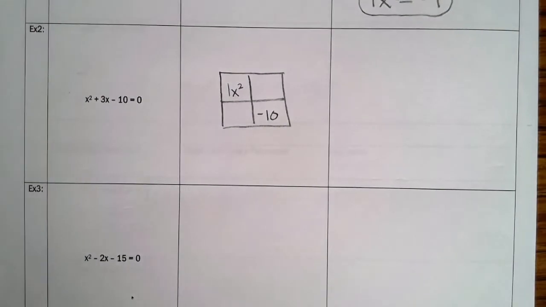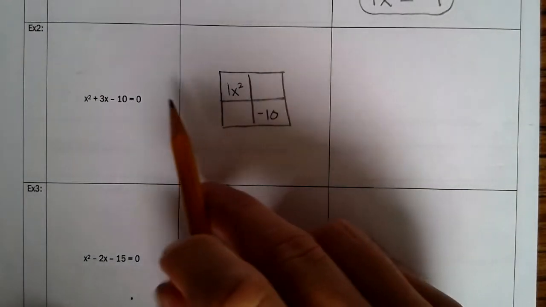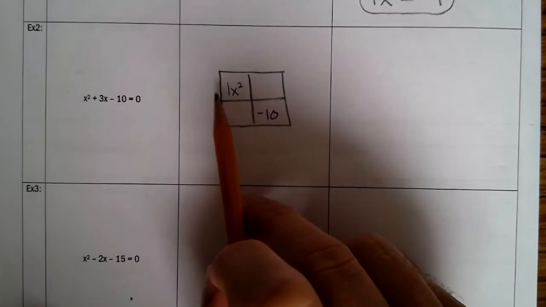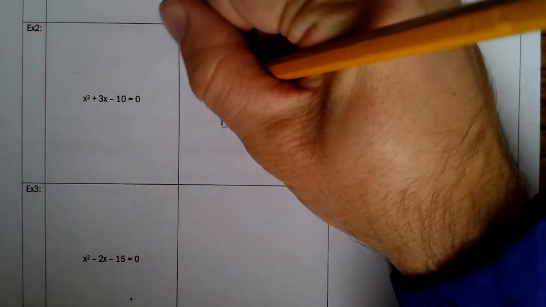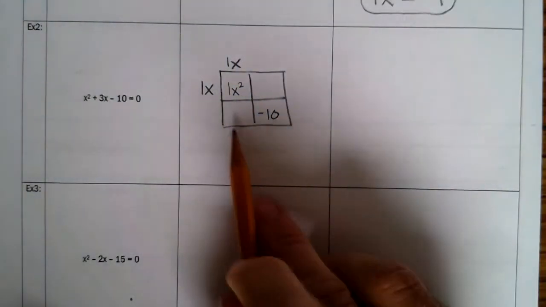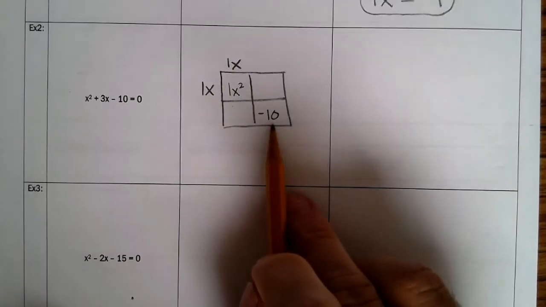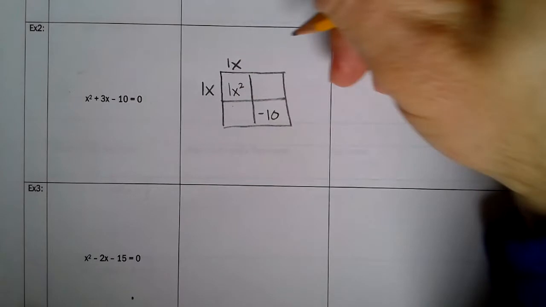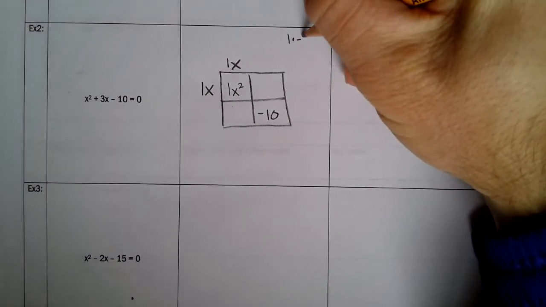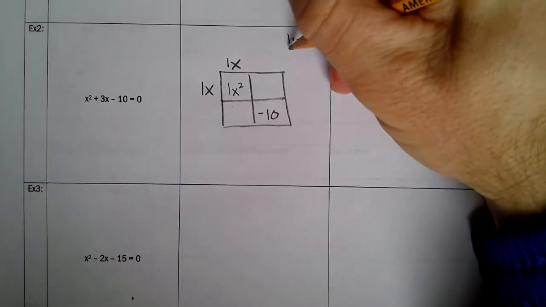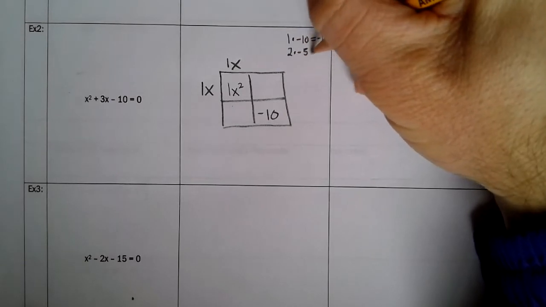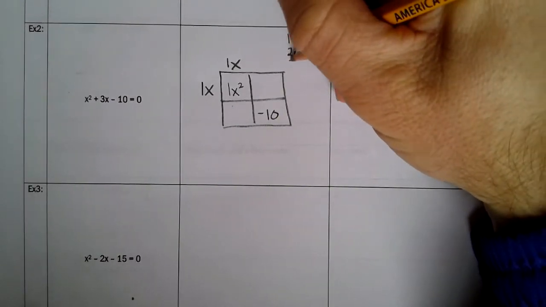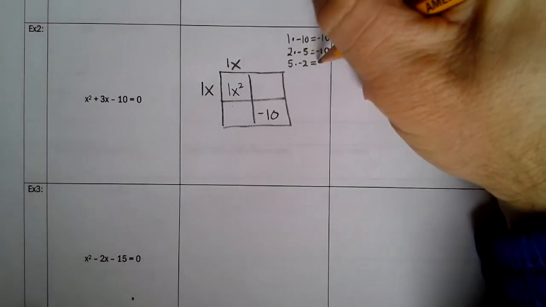Now, what you're looking for is, we know that 1x and 1x make 1x squared. Now you need to find all the combinations to make negative 10. So 1 times negative 10 is negative 10. 2 times negative 5 is negative 10. 3 doesn't work. 5 times negative 2 equals negative 10.